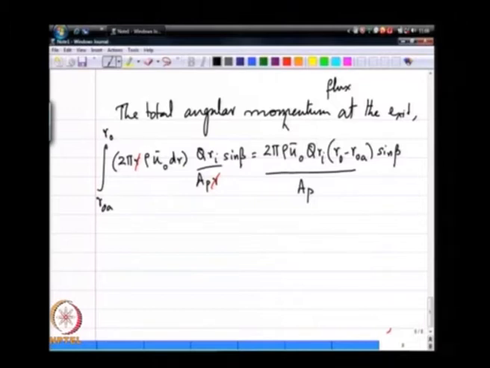You essentially have a constant, and the integral dr going from r0 a to r0 gives me just the difference between the radii.